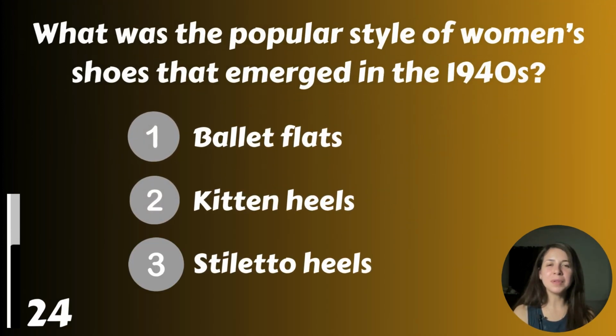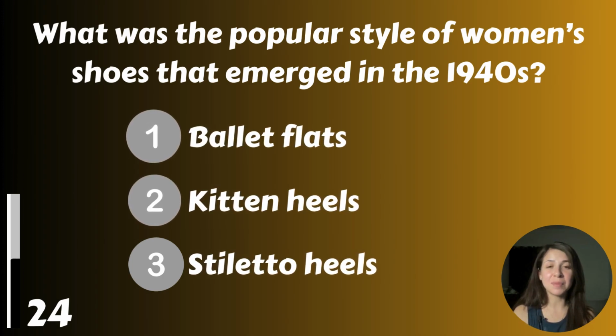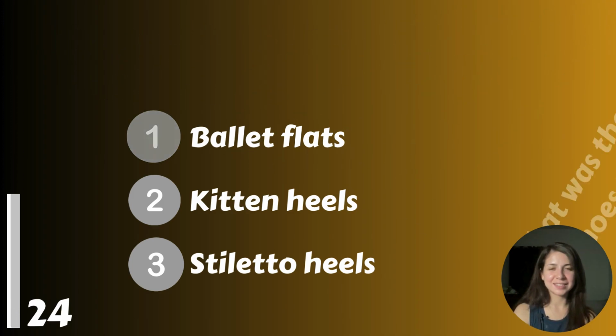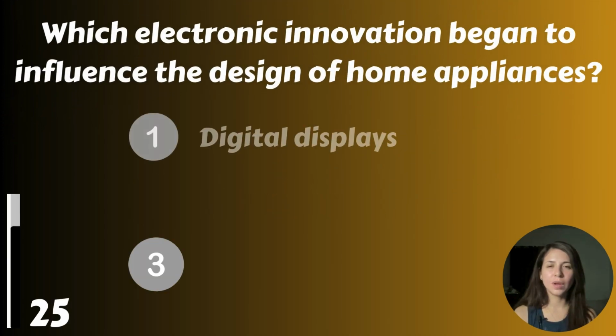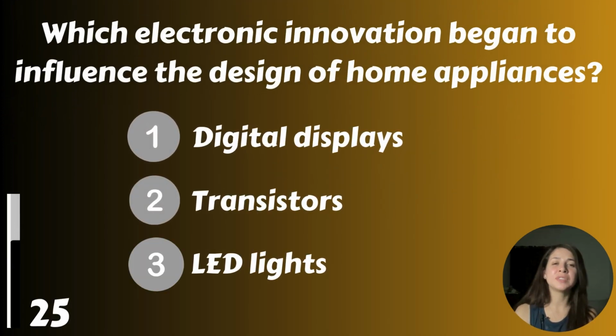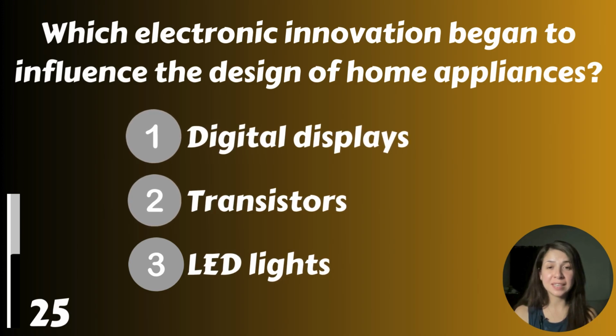What was the popular style of women's shoes that emerged in the 1940s? Ballet flats, kitten heels, or stiletto heels? Kitten heels. Which electronic innovation began to influence the design of home appliances?